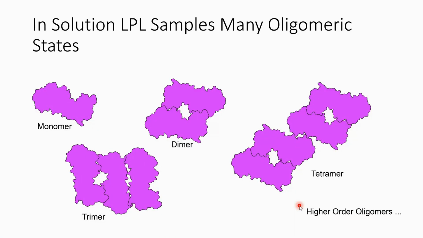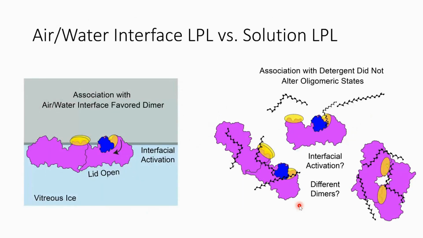So in solution, we see that LPL samples many different oligomeric states: monomers, dimers, trimers, tetramers, higher order oligomers. But then in the cryogrid, we see that LPL is favoring the dimer. And so my new theory is that the interaction with a large-scale substrate mimic, one that mimics the interface that LPL interacts with on a triglyceride-rich lipoprotein, is what triggered the formation of this dimer.